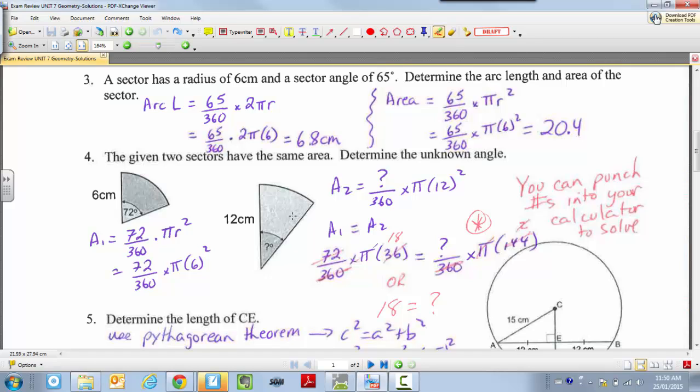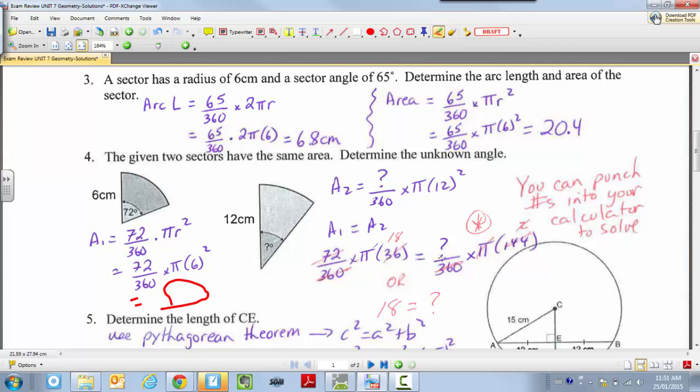This sector is going to have the exact same area, and so the two areas are equal. We don't know the number of degrees out of 360 in the second case, but of course we know all the other numbers. And so even though I lined them up like this, again, you can simply punch this in, get your answer here, and then make this thing equal to that number.